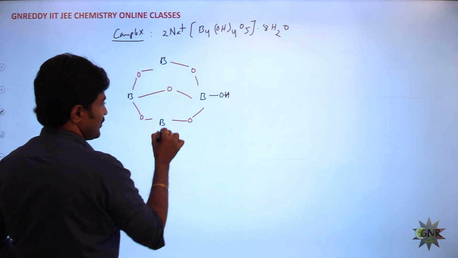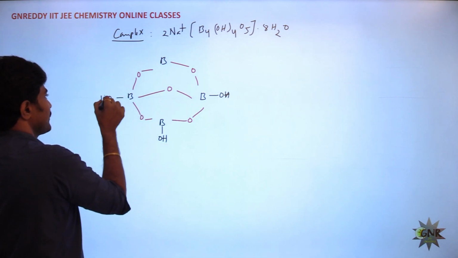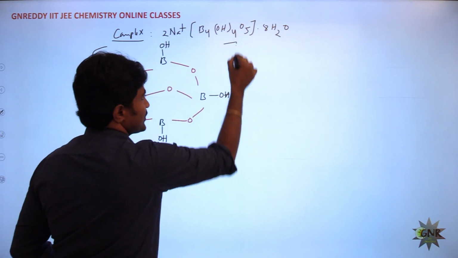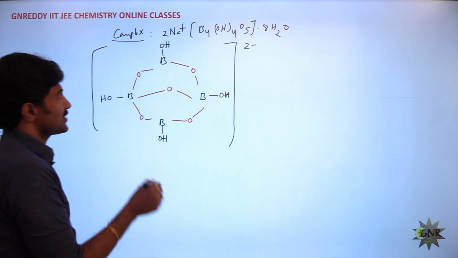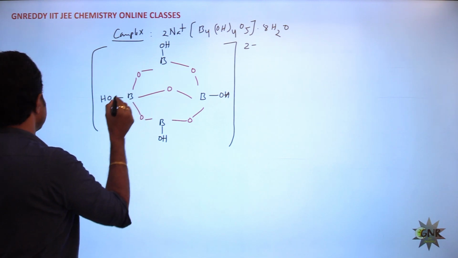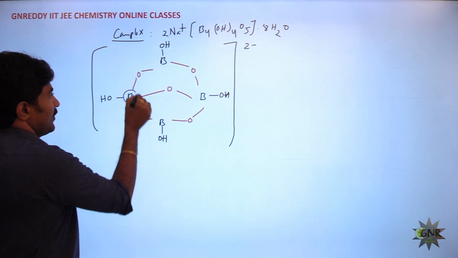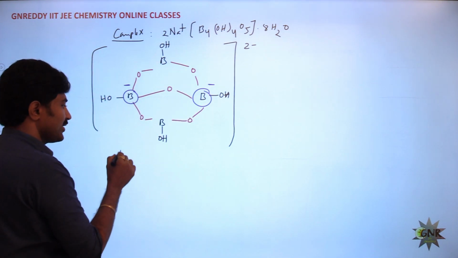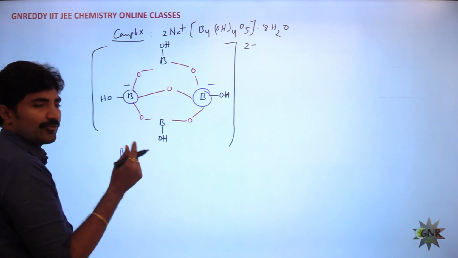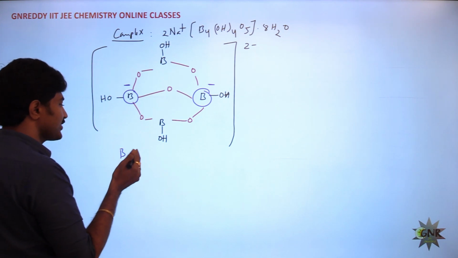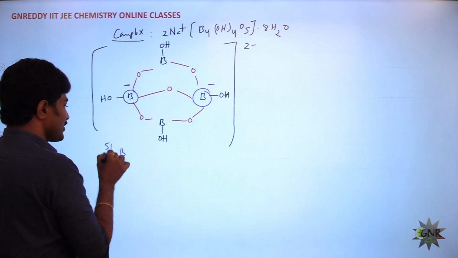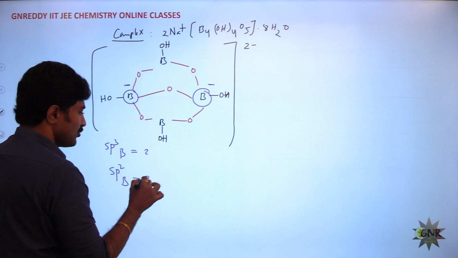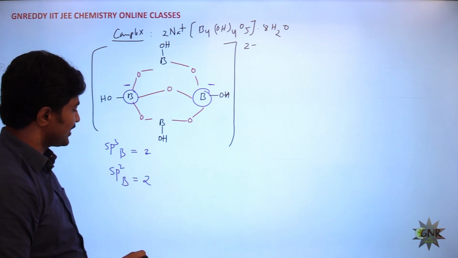This is OH, OH, OH and OH, and the overall charge is 2 minus charge. Here 4 borons, this carries minus charge, and these only undergo sp3 hybridization. If a boron has 4 bonds it undergoes sp3 hybridization, so what are sp3 borons? So 2, and sp2 borons are 2. So out of 4 borons, 2 sp3, 2 sp2.